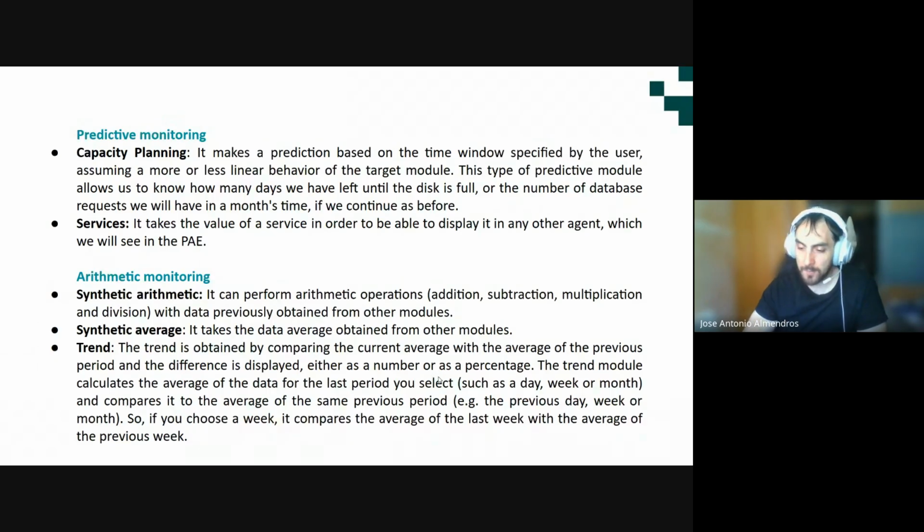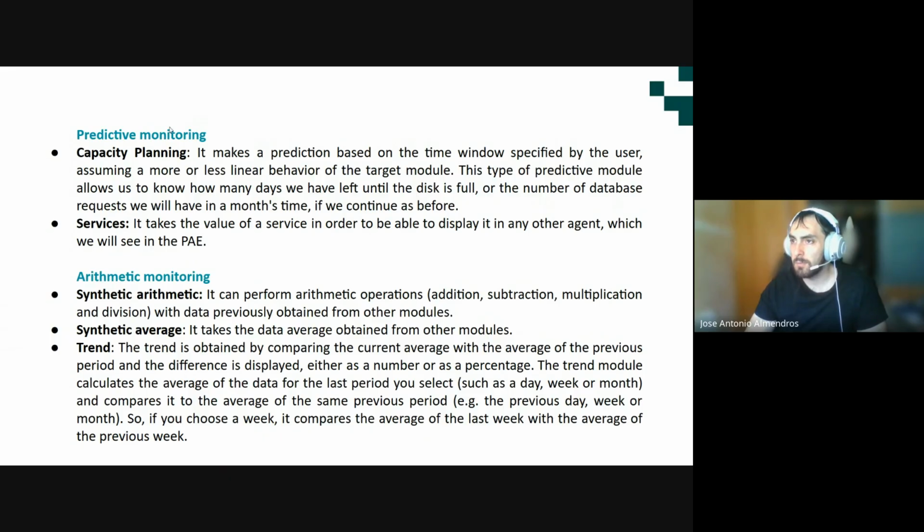So we can monitor if the trend, for example the trend of the last week of the data of the modules, is a percentage going up or going down. Okay, we'll understand better when we configure these kinds of modules.